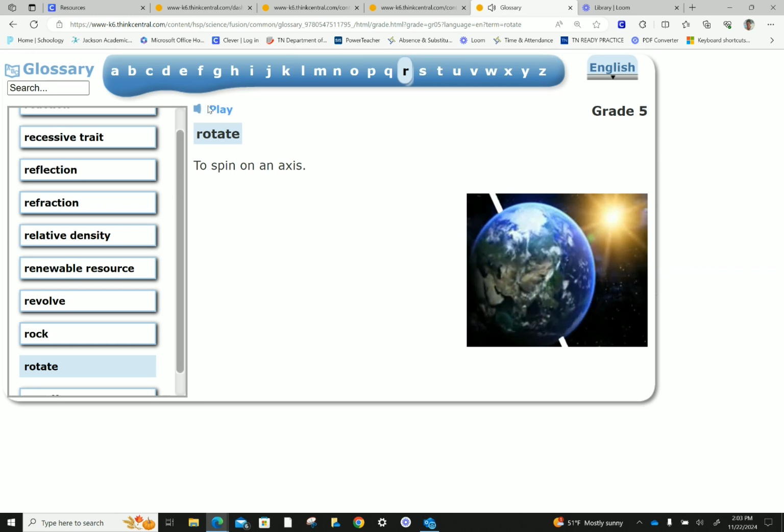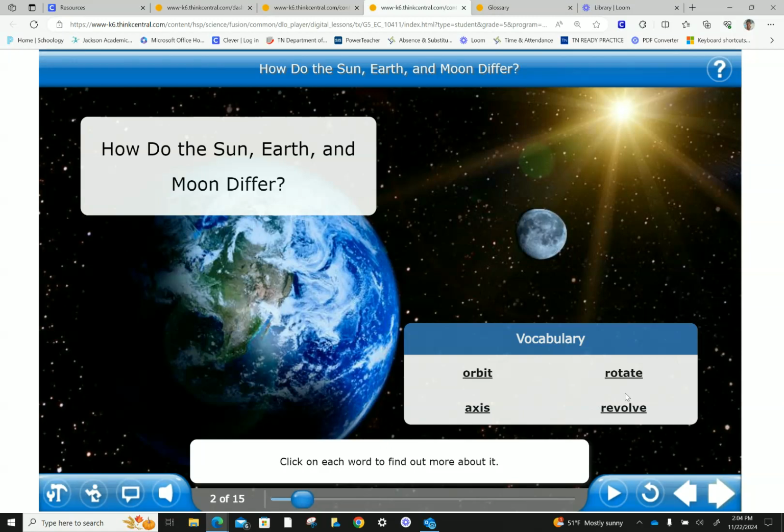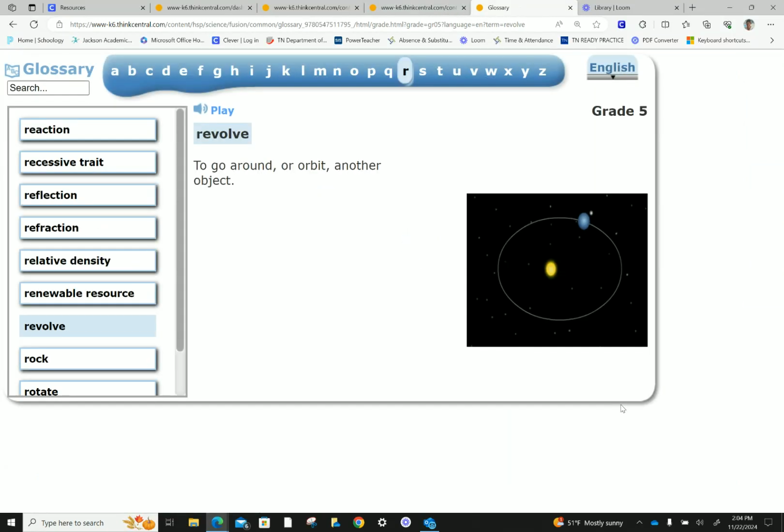Rotate. To spin on an axis. Revolve. To go around or orbit another object.